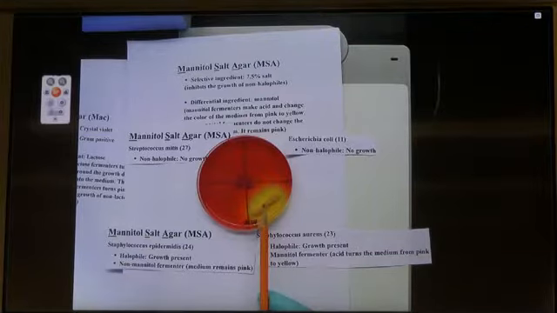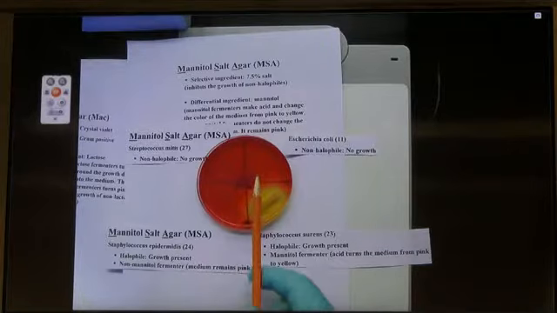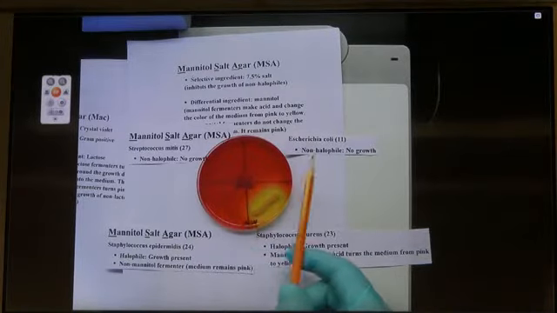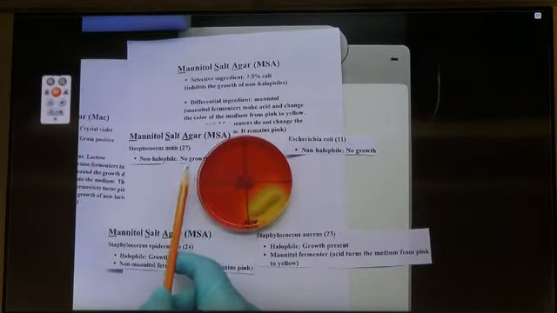Okay, let's summarize this now. Mannitol salt agar is both selective because of salt. Non-halophile bacteria such as E. coli and Streptococcus mitis, they do not grow.